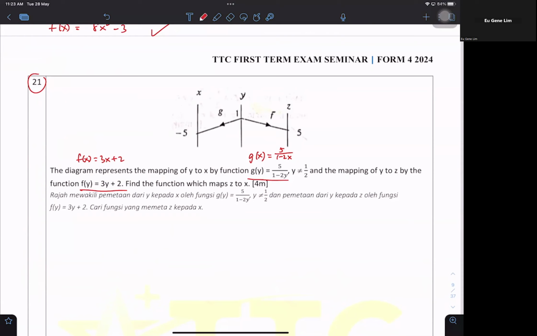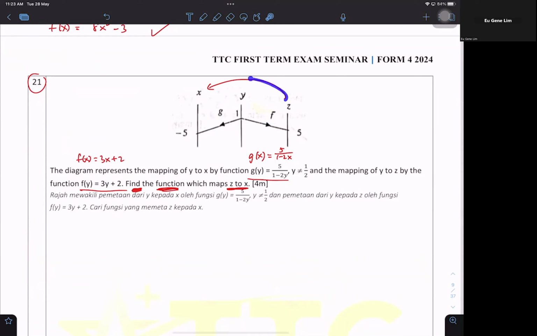So now what is the question? The question says, find the function that maps z to x. You want to go from z to x. What is the function? You look carefully, the arrow is very important. From here to here is function g. From here to here is function f.